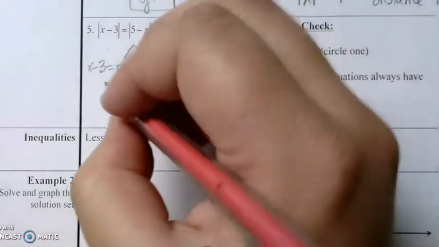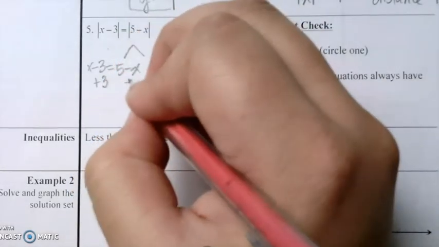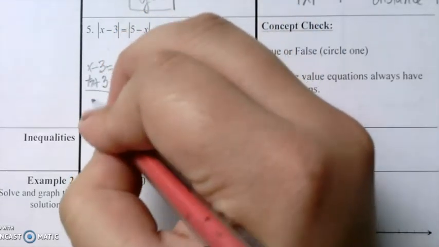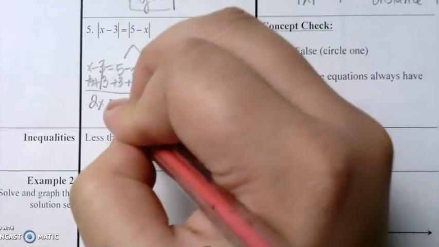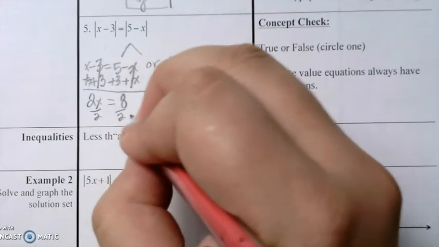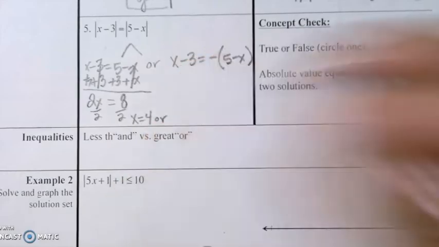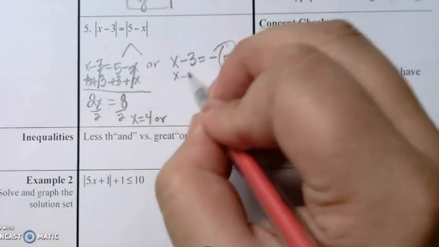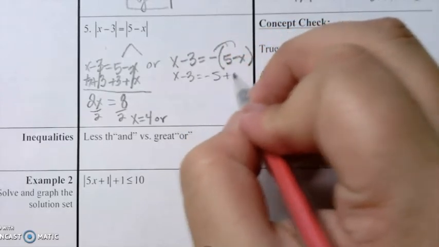From here, we're solving the equation. So plus 3, plus x, plus 3, plus x. We have 2x plus 0 equals 8 plus 0. Divide by 2, x equals 4, or, now we have to distribute the negative here, so we have x minus 3 equals negative 5 plus x.